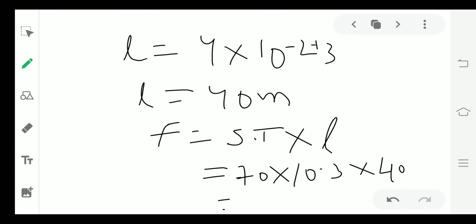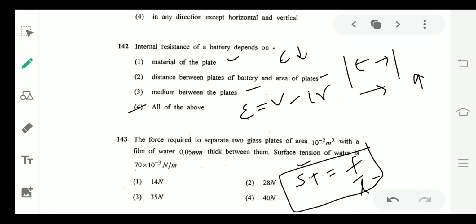So 2.8 Newton of force is required to separate the glass plates. 2.8 Newton is the answer.